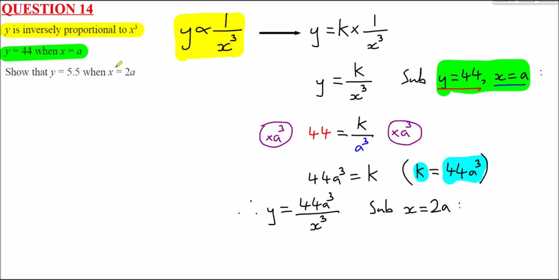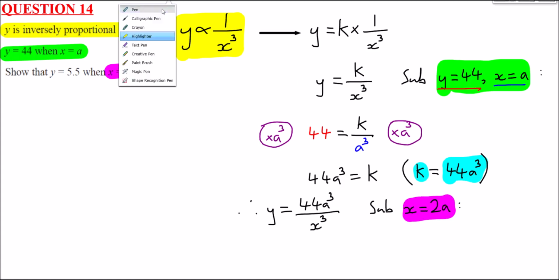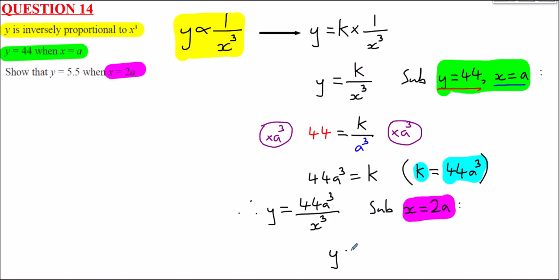We'll then get that y equals (44a cubed) divided by x cubed, which is (2a) cubed.